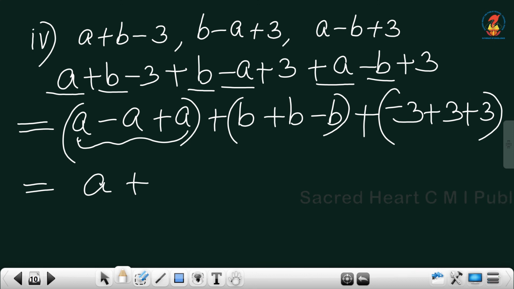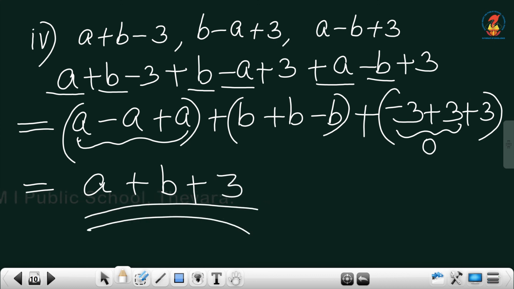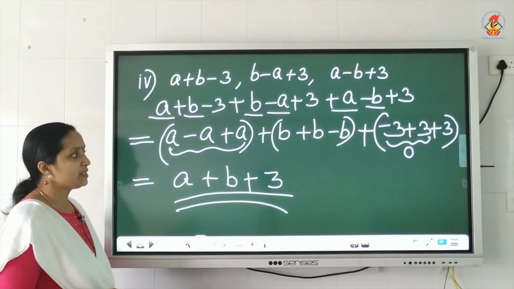What is the answer? 2B. 2B minus 1B. What is the answer? 1B. We can write it as B itself. Now plus negative 3 plus 3. What is the answer? 0. 0 plus 3. What is the answer? 3. So what is the answer of this question? A plus B plus 3. I hope this answer is clear.